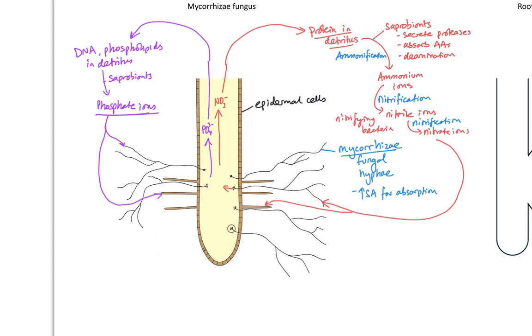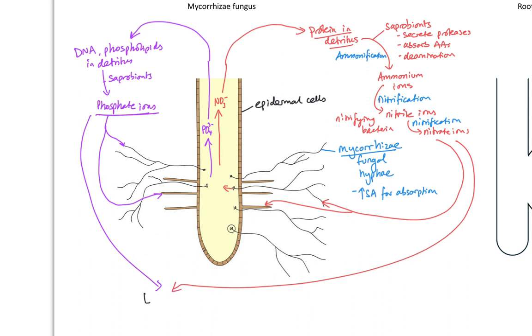Both of these, phosphates and nitrates, can undergo something called leaching, which means they can be washed out of the soil, and they both cause eutrophication.